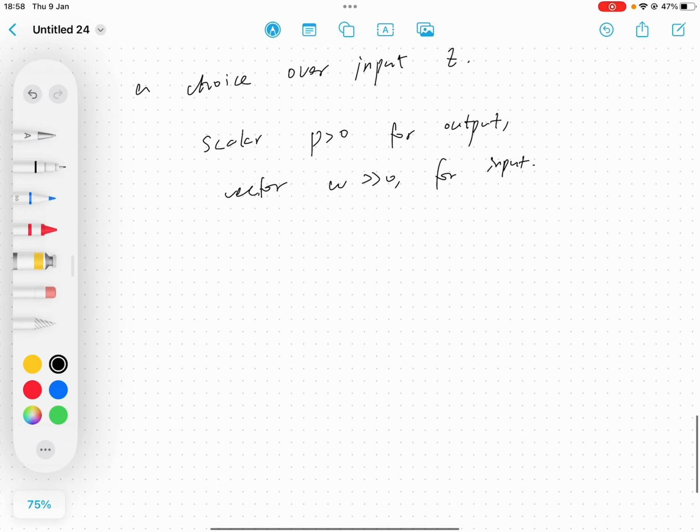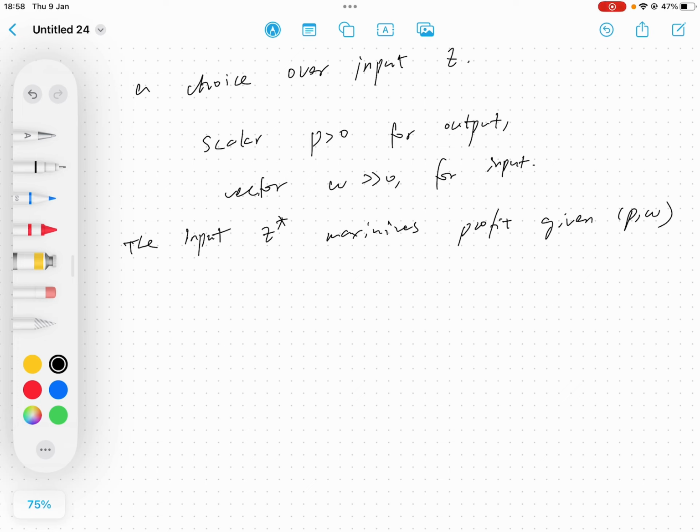Then we're going to rewrite this problem. The input z, this will be a vector also, maximizes profit given p and w if it solves this maximization problem by choosing this z.